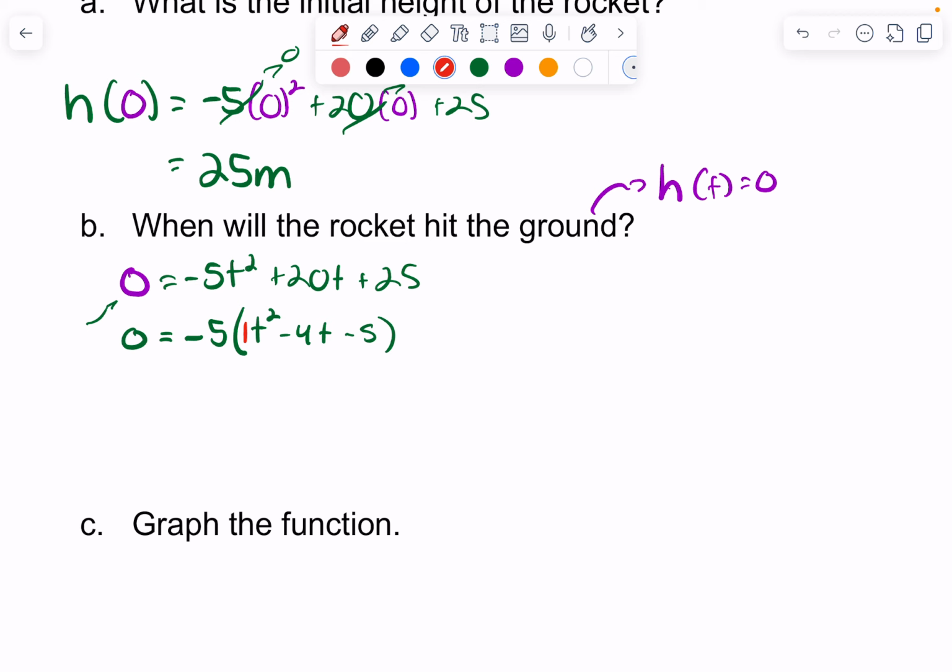So with simple trinomials, we're just looking for two numbers that multiply to give you minus 5 and add up to give you negative 4. So in this case, this would be minus 5 and 1.